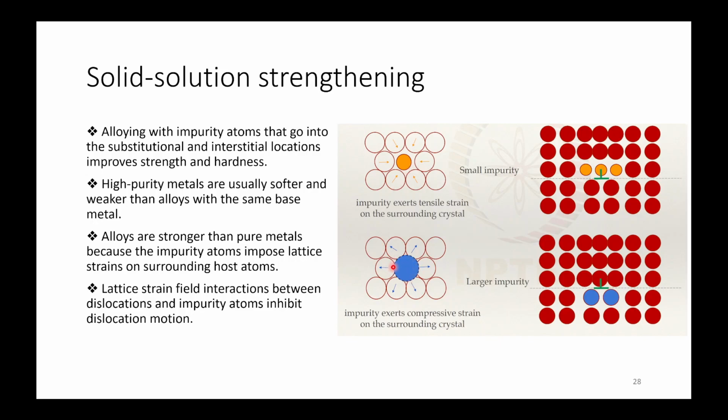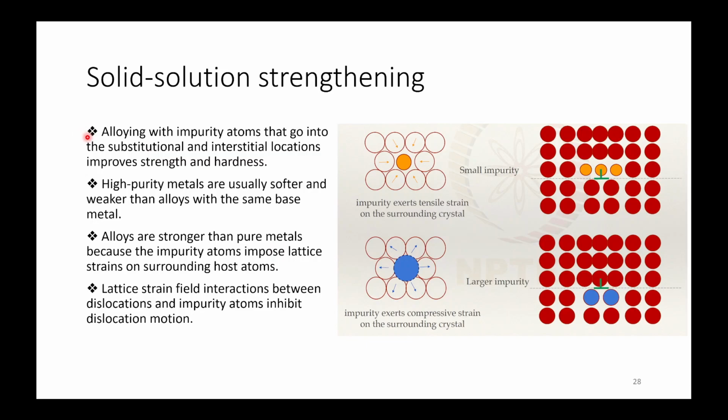And if your solute atoms are larger, then there'll be tensile types of stresses, because the bond length is increasing. In the smaller case it is decreasing, so you will have compressive types of strains.